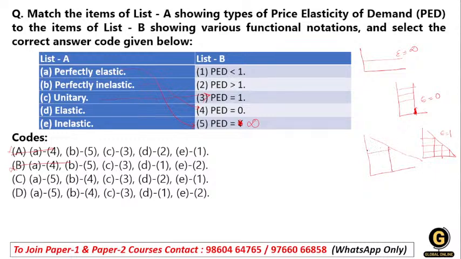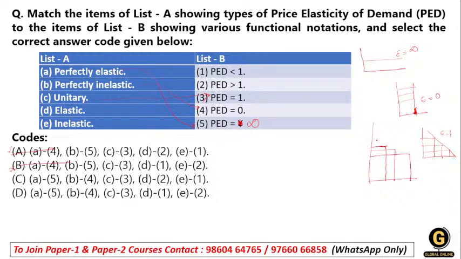If I take a small change in price, if I increase the price a little, my quantity demanded is going to go down by a large amount. If I decrease the price a little, my quantity demanded increases by a huge amount.